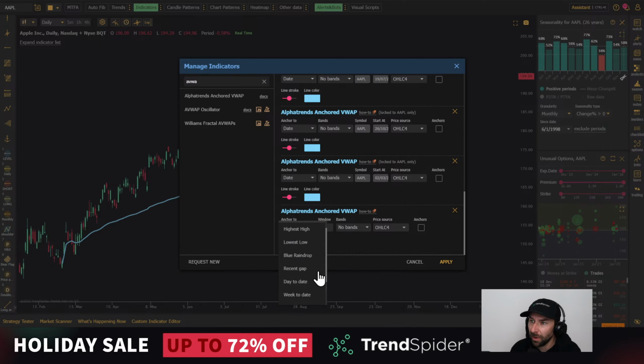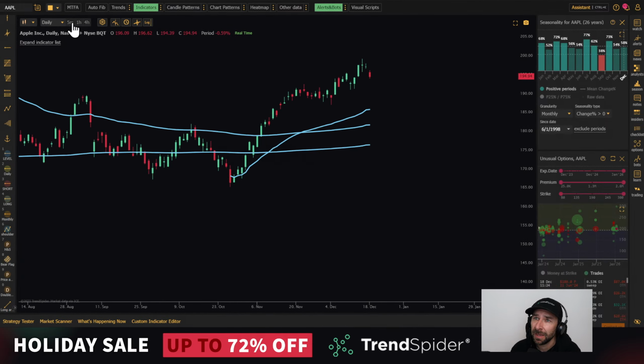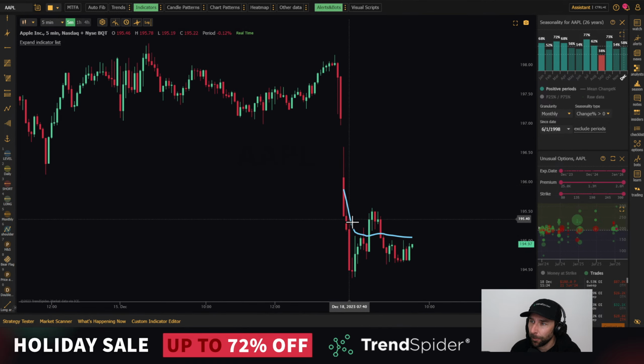The way that all of these different options work for the timed ones, year, quarter, month, week, day, is that they are all time-based, right? So they're going to automatically adjust based off of what you have defined. If I have week to date defined and say apply, if I go to a 5-minute, here's my week to date anchored VWAP because this is the open of Monday. This is going to stay on my chart until the close of Friday.